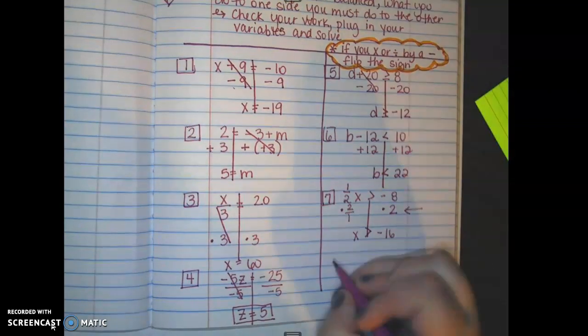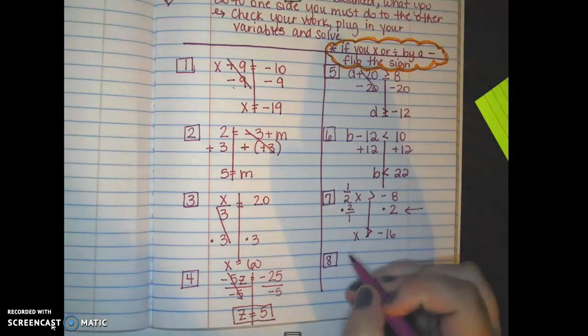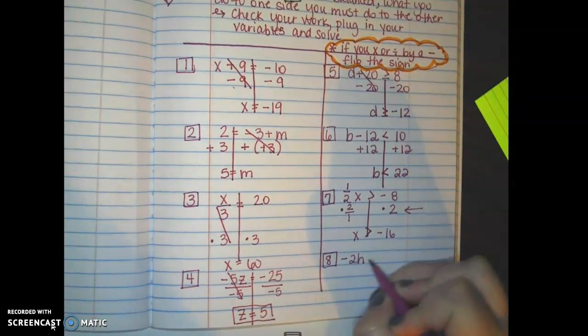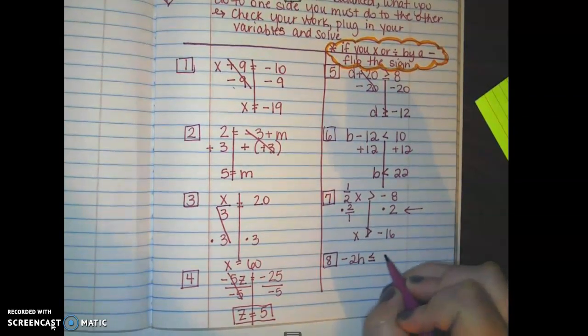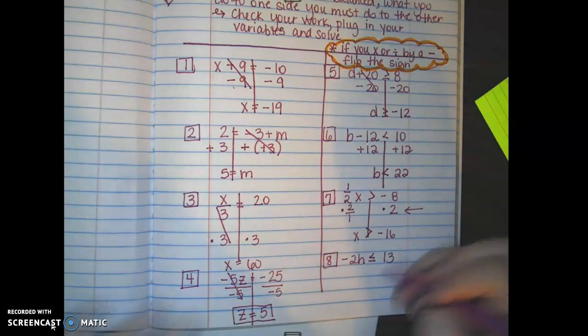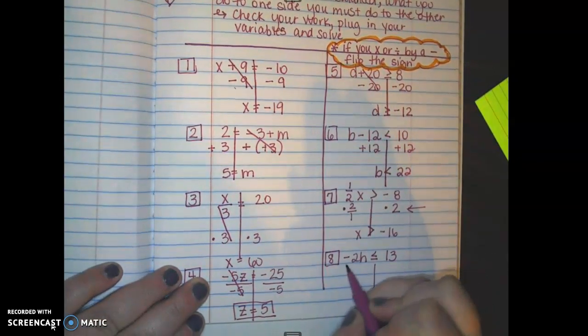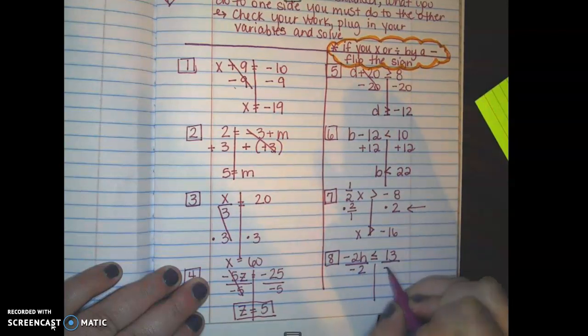All right. One last example, and we are done with our notes for today. And we have negative 2h is less than or equal to 13. Draw my line. This is multiplication, so I'm going to divide by negative 2.